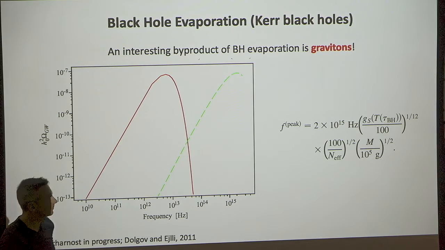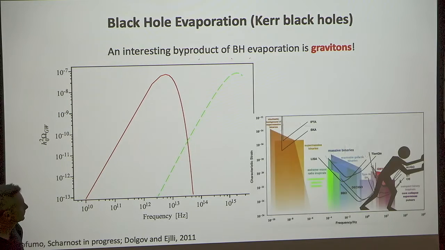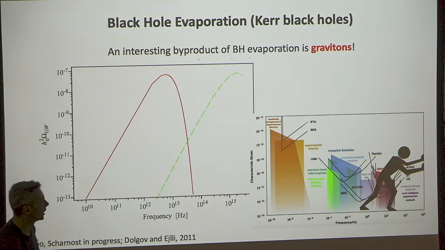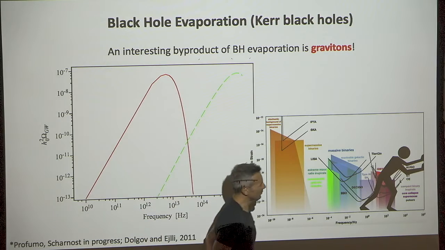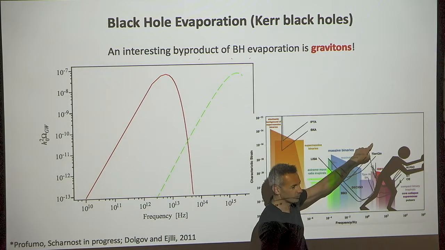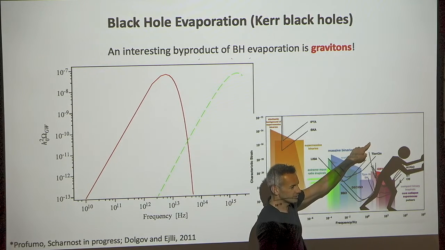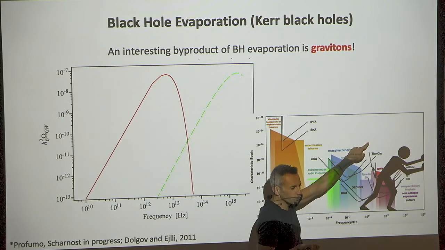Yes? I was going to ask about the sensitivity curves, and they generally have this shape that goes like this. I understand that for each experiment, there's some optimal frequency. Is there some other explanation? There is. So the most interesting explanation is why these curves go up very quickly. And you know what that is? It is the frequency of earthquakes.